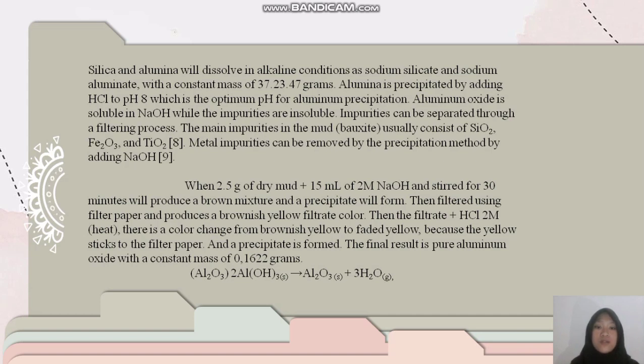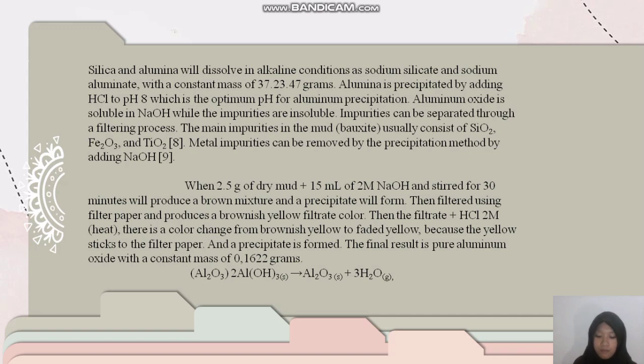Impurities can be separated through a filtering process. The main impurities in the mud usually consist of SiO2, Fe2O3, and TiO2. Metal impurities can be removed by the precipitation method by adding NaOH.